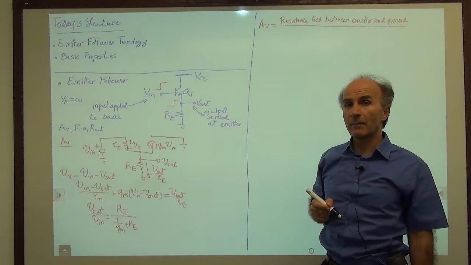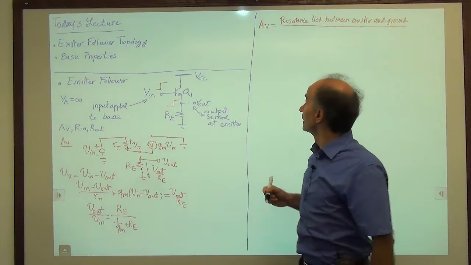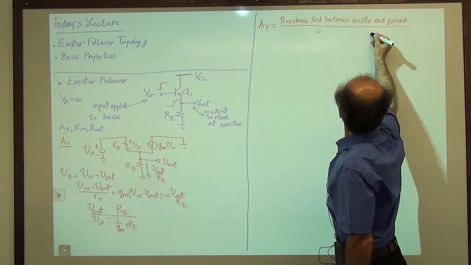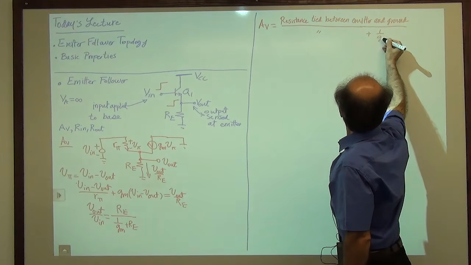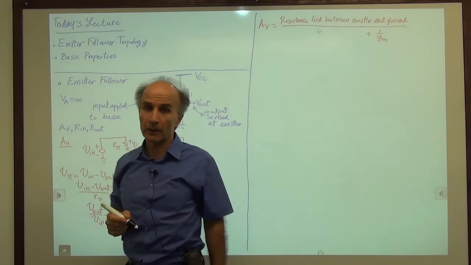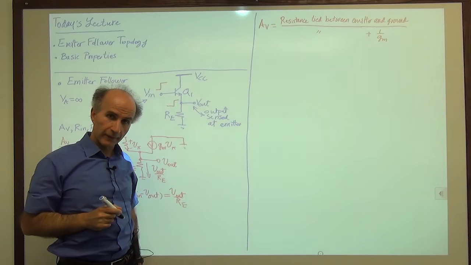Okay, and in the denominator, we have 1 over gm plus the same resistance. So I'll just put 2 dots here, and then I say plus 1 over gm. So that's what we need to remember for the voltage gain of an emitter follower.